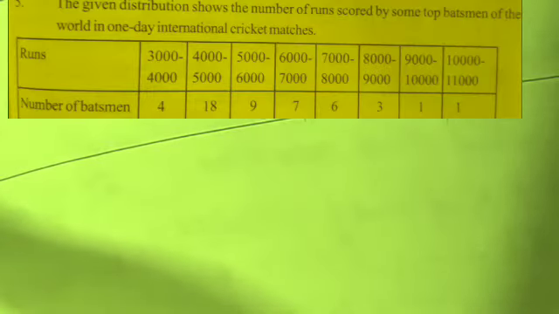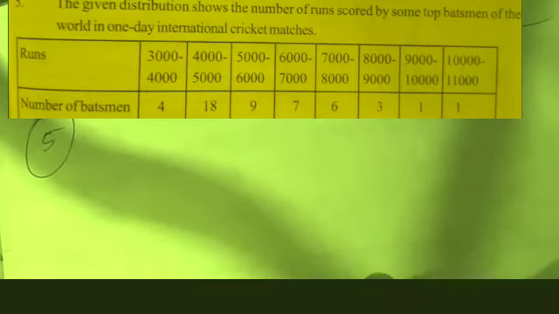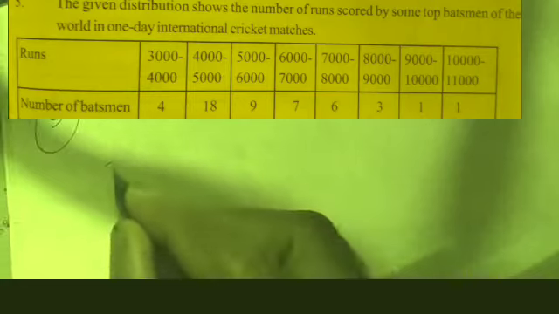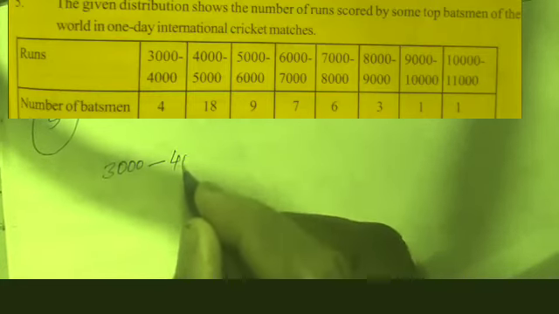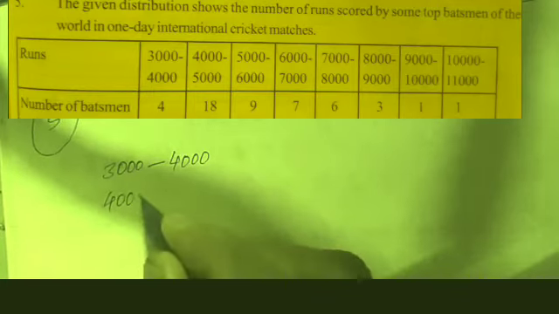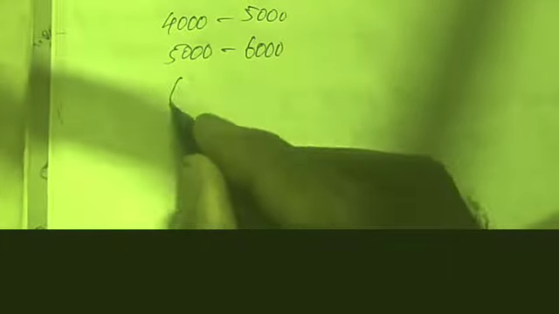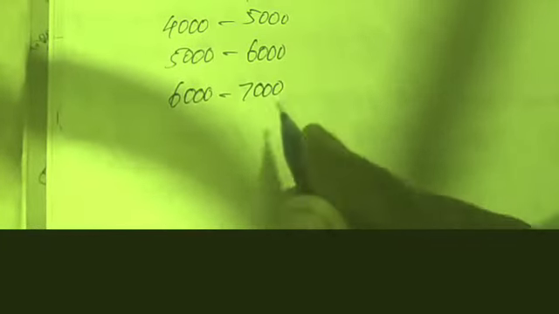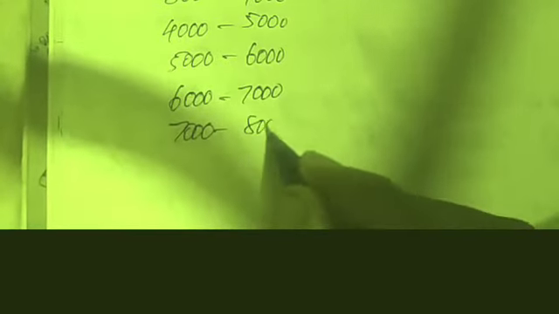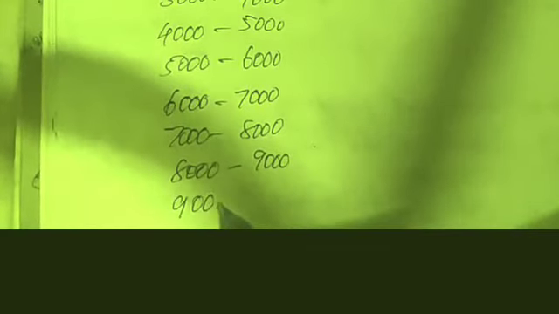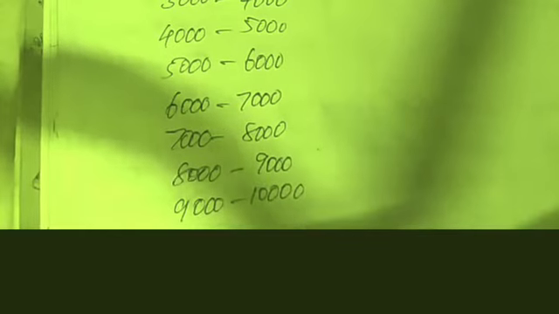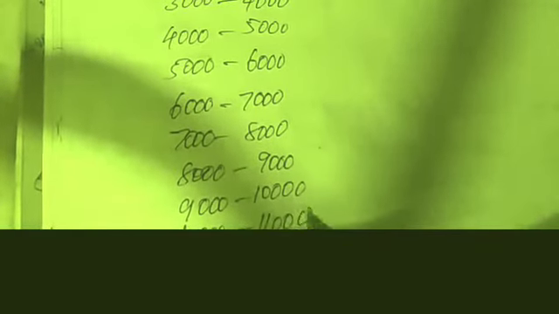Next we go to the fifth problem. Class intervals: 4,000 to 5,000, 5,000 to 6,000, 6,000 to 7,000, 7,000 to 8,000, 8,000 to 9,000, 9,000 to 10,000, 10,000 to 11,000.